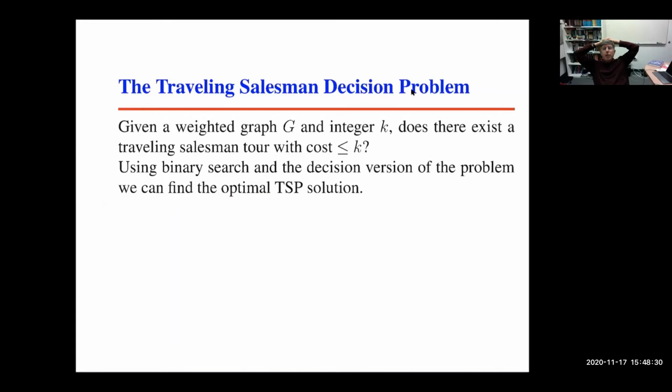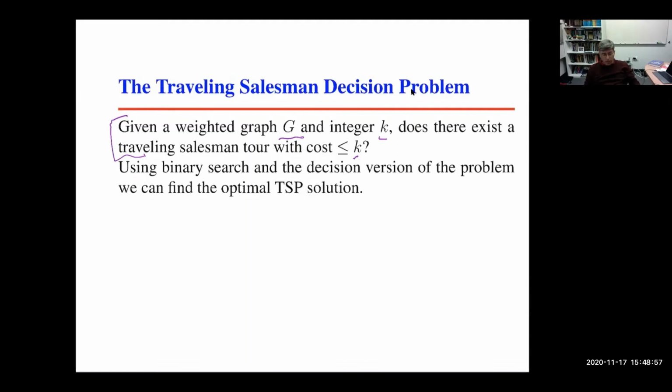Can there be a yes/no question that captures the essence of the traveling salesman problem? What about this? Given as input a graph and an integer k, does there exist a TSP tour with cost less than or equal to k?